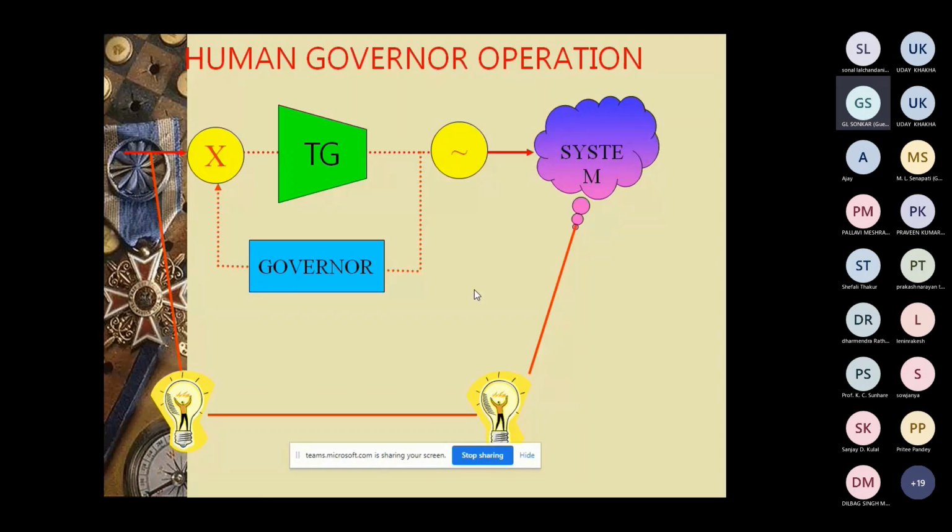So up to that you can increase to maintain the grid discipline. Because whatever generation is fed to the grid, we are taking the reference from the grid, and we are taking the corrective action. That corrective action is done by the governor.